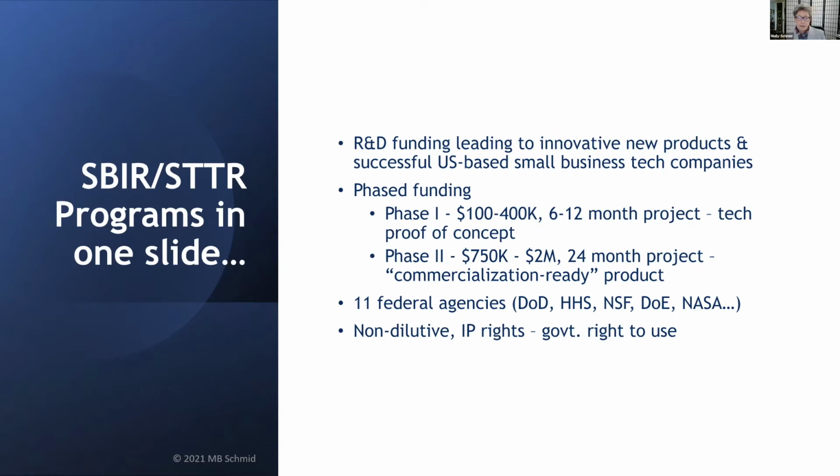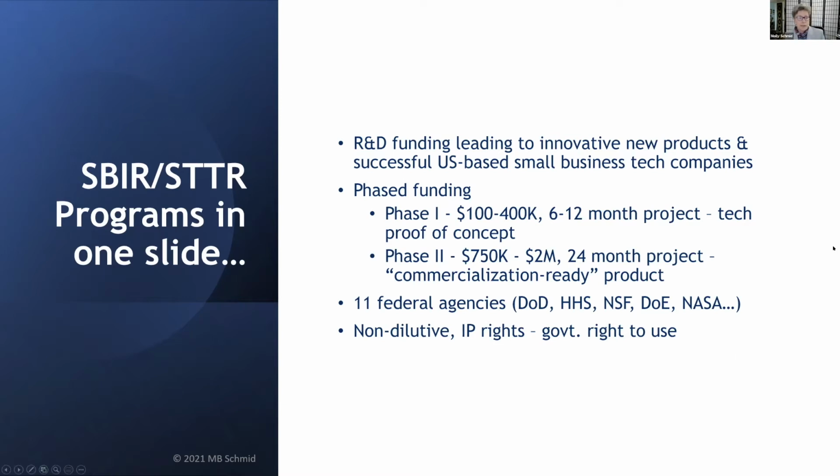And typically that's a 24-month project with between $750,000 and $2 million of funding over that time period. Commercialization ready means different things, but it basically means getting dollars into your company one way or another, whether it's actually selling the product or, for biomedical products, typically it's commercialization ready if you think there's a chance that a commercial partner might be interested in funding you.